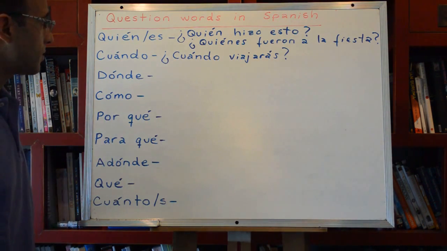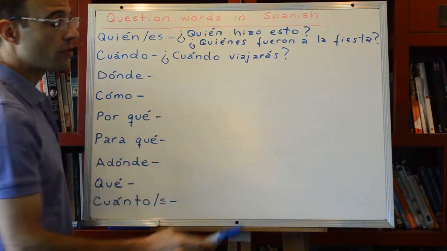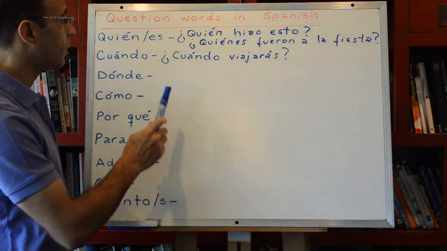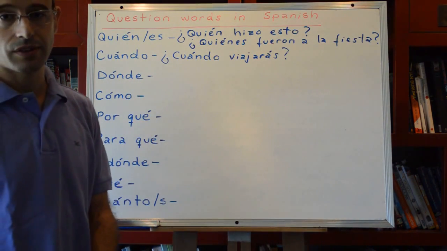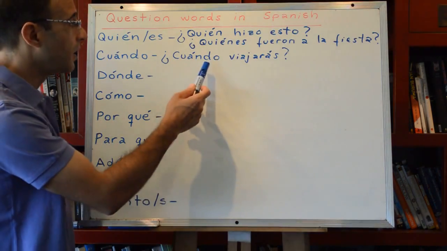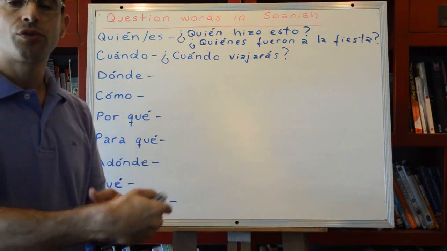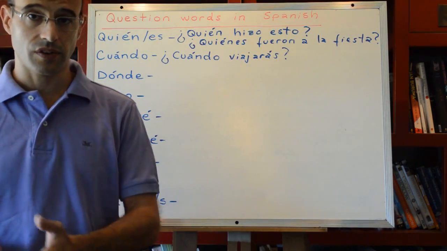Remember, in Spanish we not only use the closing question mark, we also use the opening question mark at the beginning of the sentence. This is important because we do not change the structure of the sentence in question sentences in Spanish, okay?